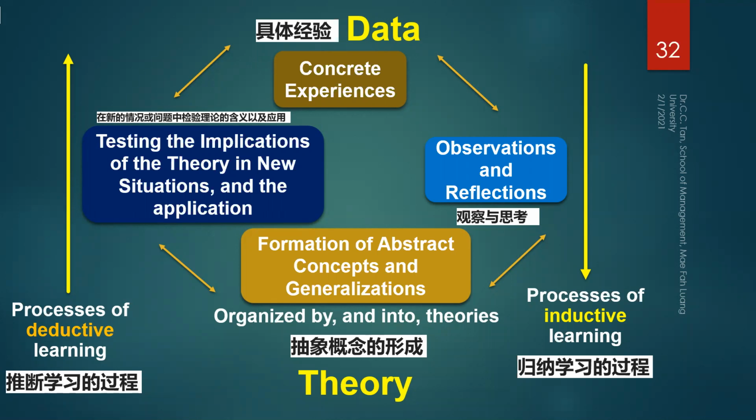In business research or in competitive strategies or competency, one of the very important sources of competitive advantage, some unique way of competition, comes from your knowledge, your theory, your organized knowledge. We call it theory.